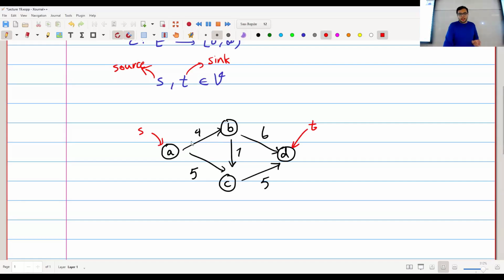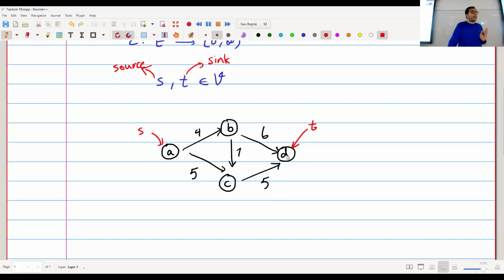So this means that I have a pipe from A to B that can carry 4 units of water. So let's say 4 liters of water per second. Okay. And I have a pipe from A to C that can carry 5 liters per second, and so on. And now what I want to do is that I want to open a tap at S, at my source, and I want to send all this water to the sink, to this vertex D, right?